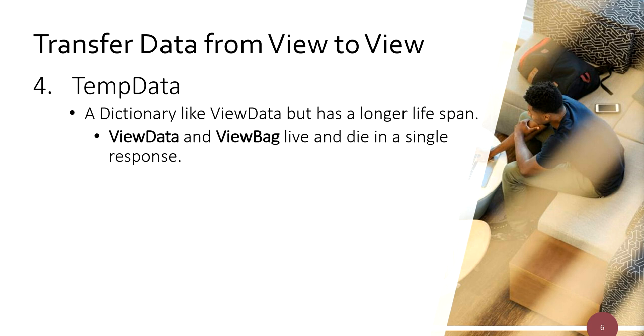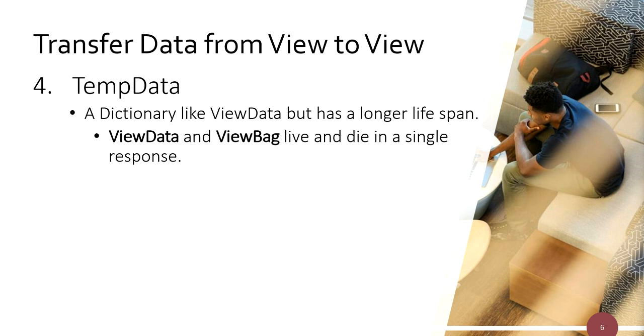TempData is just another dictionary, but it has a longer lifespan. The truth is that, as we've seen, ViewData, and of course ViewBag, because that's really just a wrapper around ViewData, have a very short lifespan. We can put something into it in the controller, we send off the view to the client, and that's the end of story. It has no life beyond that point in time.